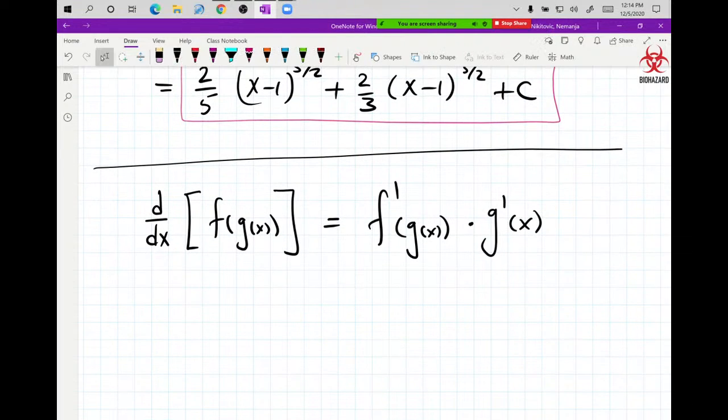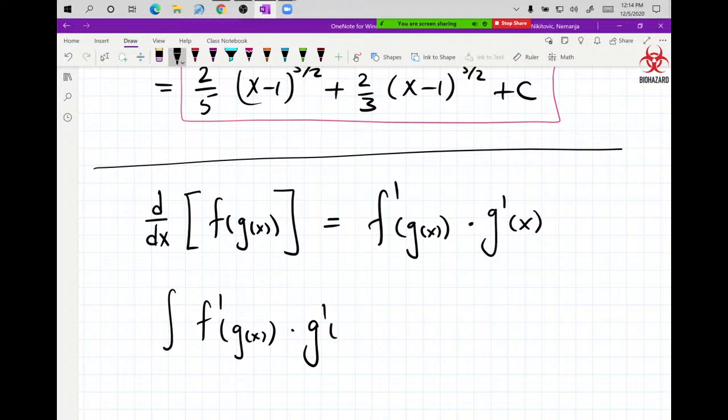Which means that if you integrate f prime of g of x times g prime of x dx, it is going to be equal to f of g of x plus c.